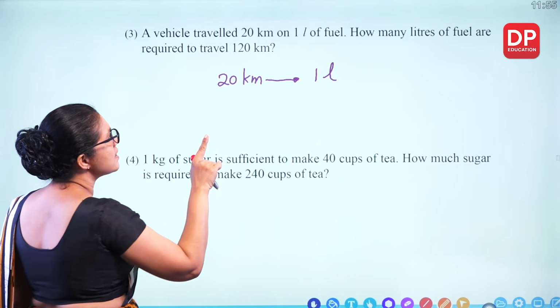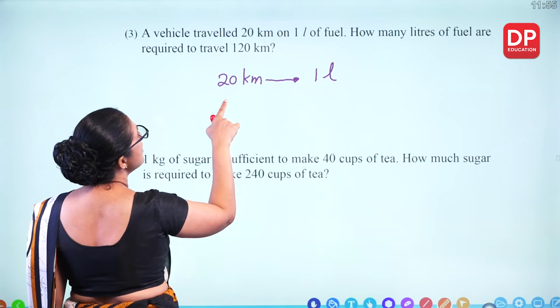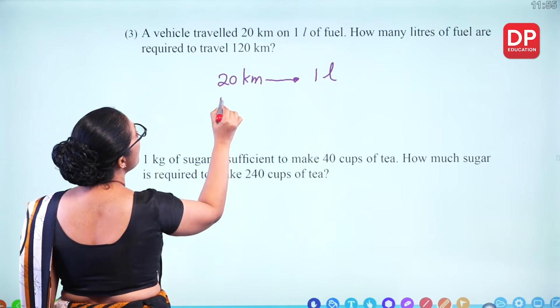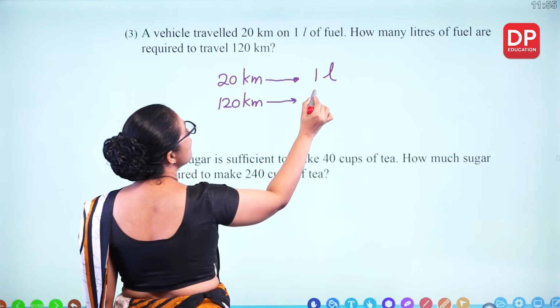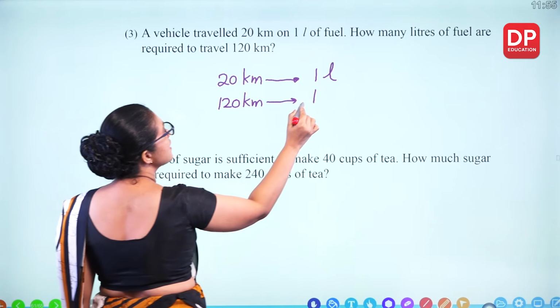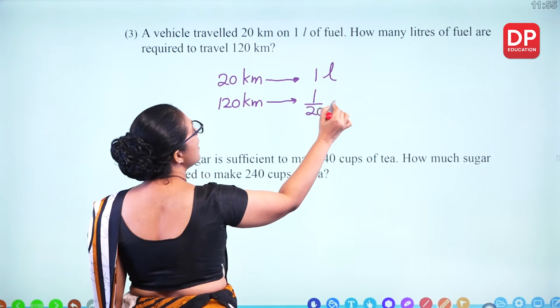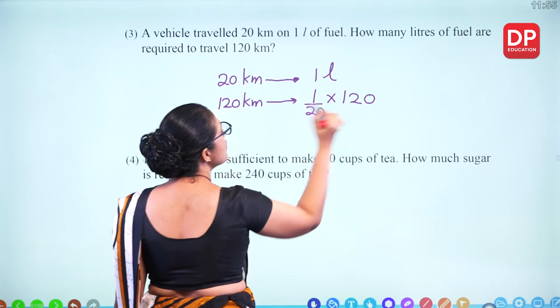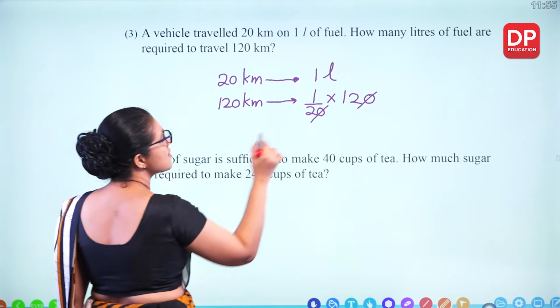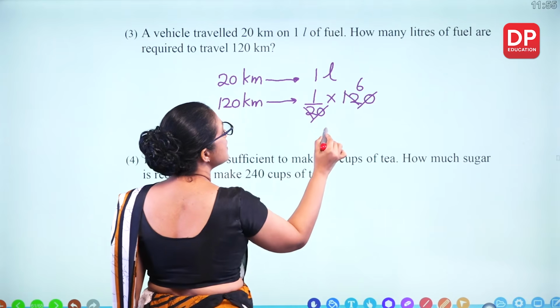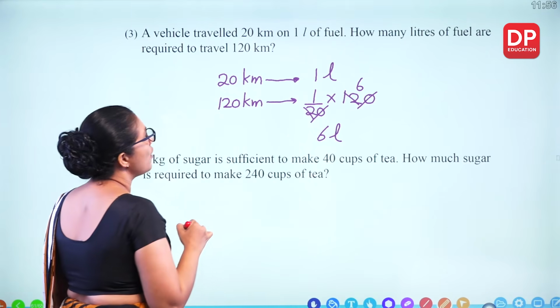So how many liters of fuel are required to go 120 kilometers? So what you do? We find out for 1 kilometer, that's 1 over 20, and multiply by 120. 2 times this one, 6. So 6 liters of fuel needed.